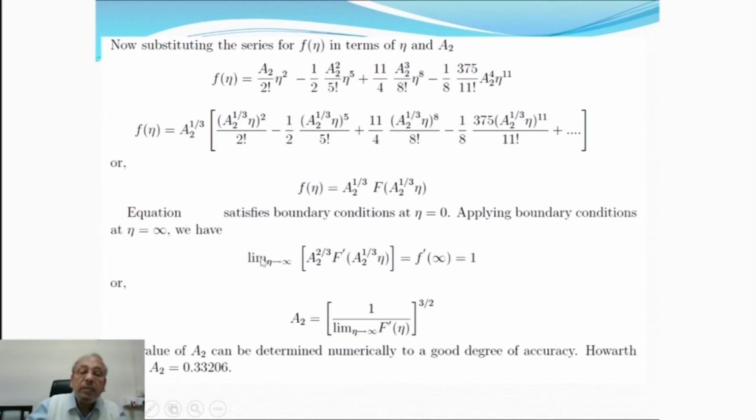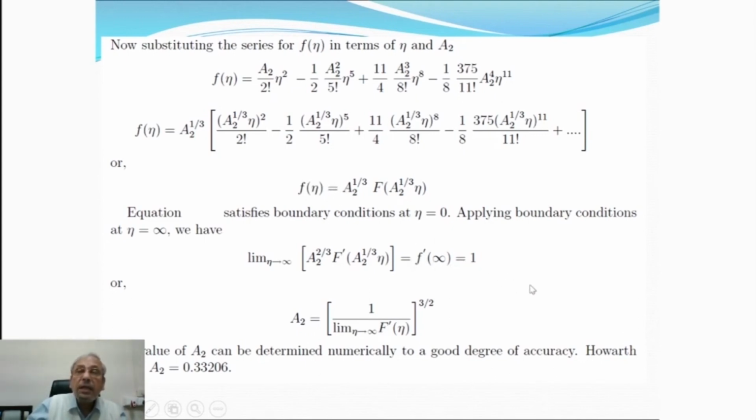So under the limiting condition, after finding the derivative of f(eta), we have to find f prime(eta): a2 to the power 2/3 f prime(a2 to the power 1/3 eta), as eta tends to infinity, is equivalent to f prime(infinity) equal to 1.